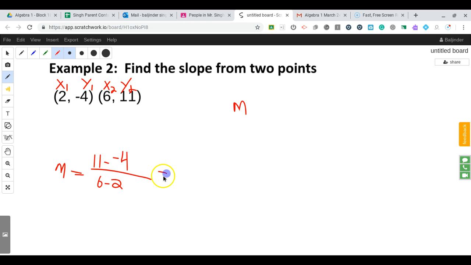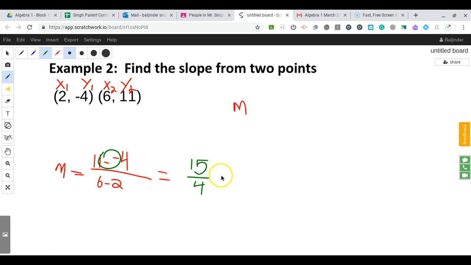Now if you do the math, a double negative ends up being positive. So that's basically 11 plus 4, which is 15. And that's our numerator. 15 over 6 minus 2, which is 4.